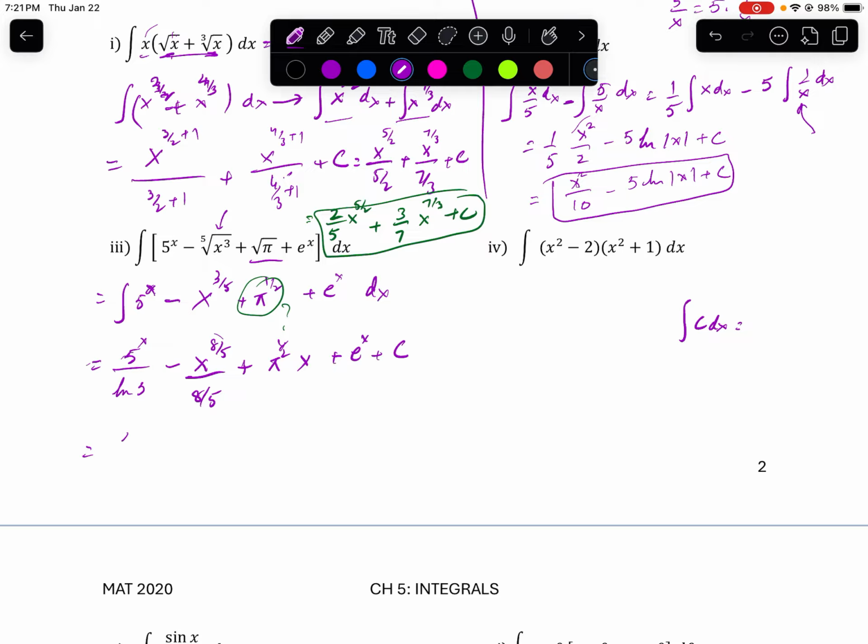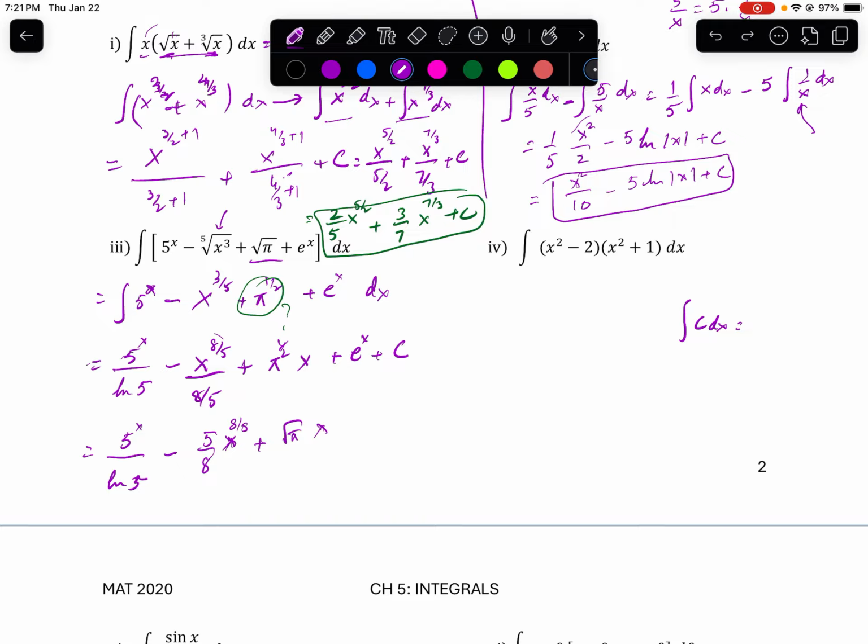So which will be equal to 5 to the x divided by ln of 5, minus 5/8 x raised to 8/5, plus, again as I said, the square root of pi x. But when you write it as square root, just make sure the x is not coming inside the square root.